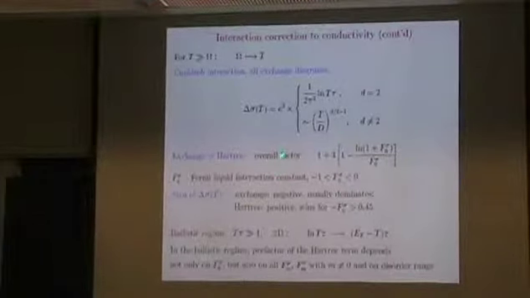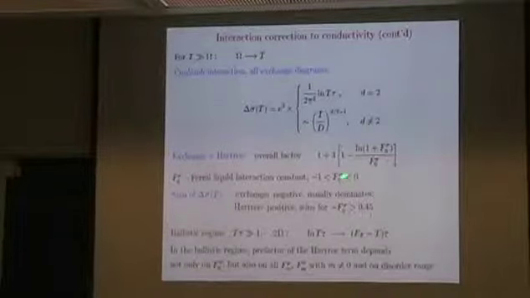And the sign is such that exchange wants to localize, and Hartree wants to delocalize. So exchange suppresses conductivity and Hartree enhances conductivity. So if the interaction is relatively small, then of course exchange will win, and you will just get an additional localizing correction.